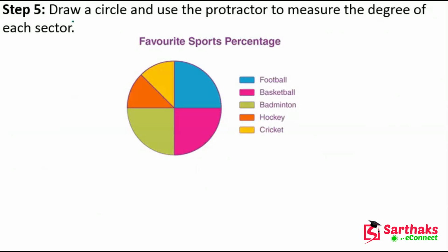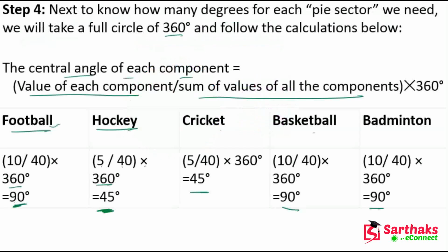Now draw a circle and use the protractor to measure the angle of each sector. Here you can see that after drawing a circle with the help of a protractor, we can draw the angles.